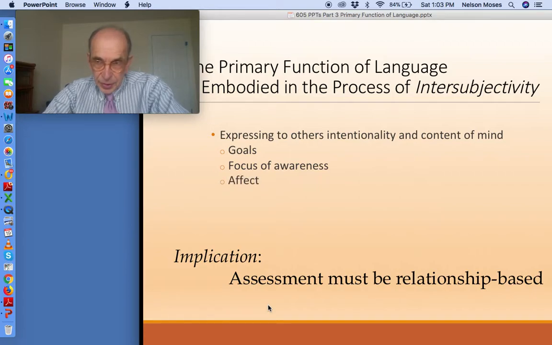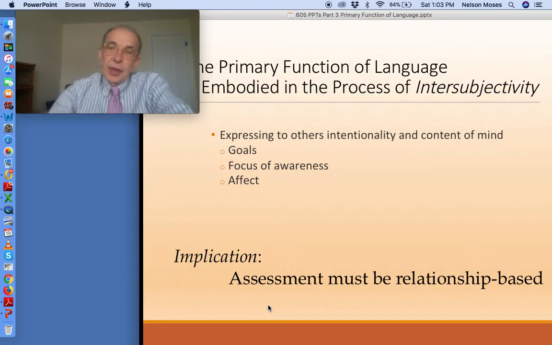And very importantly, not only cognitive or conscious awareness, but affect. Language, intentionality and content of mind concerns affect. That is how one feels about something. So when one speaks, one is expressing what's on one's mind, one's intentionality, one's awareness, and one's feeling state.